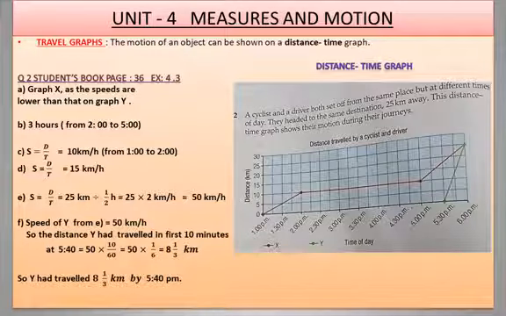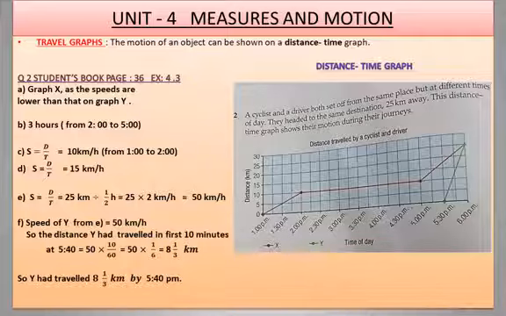He traveled from 0 to 25 kilometers, so the total distance is 25 kilometers, and he traveled in a short time, half an hour. So 25 divided by half an hour. Dividing by half, you multiply by 2. So 25 into 2 equals 50 kilometers per hour. The speed of Y is 50 kilometers per hour.